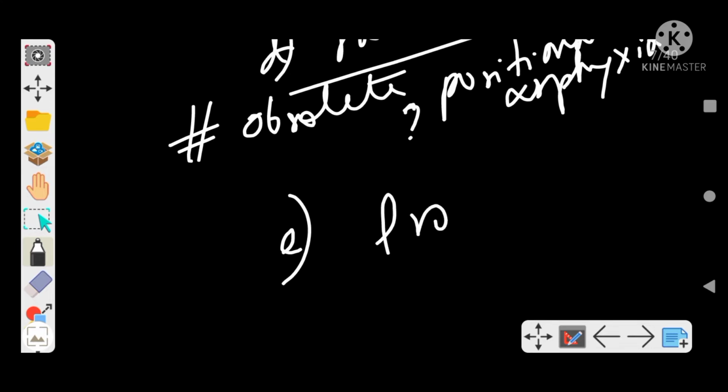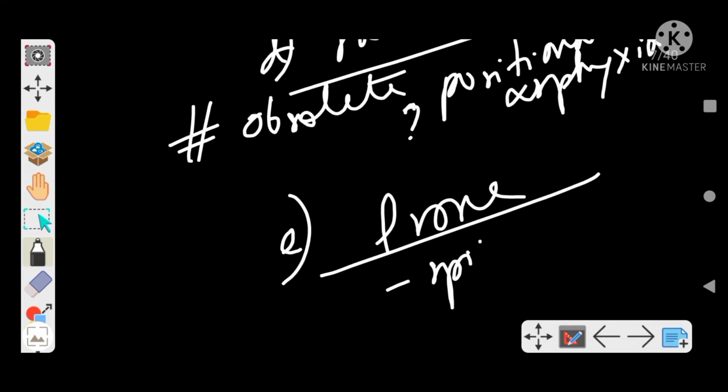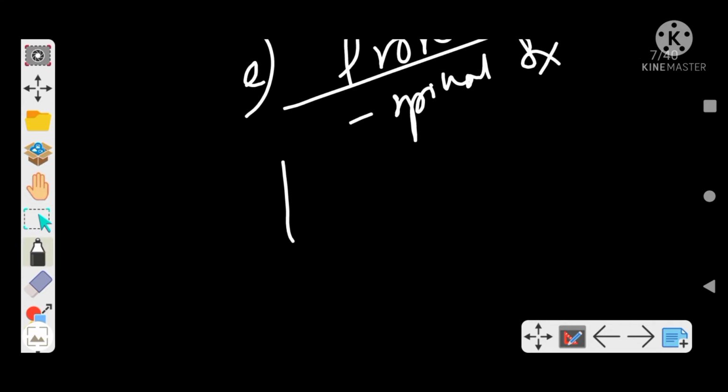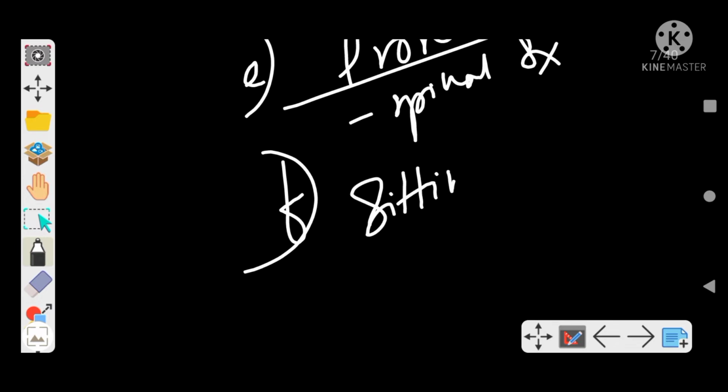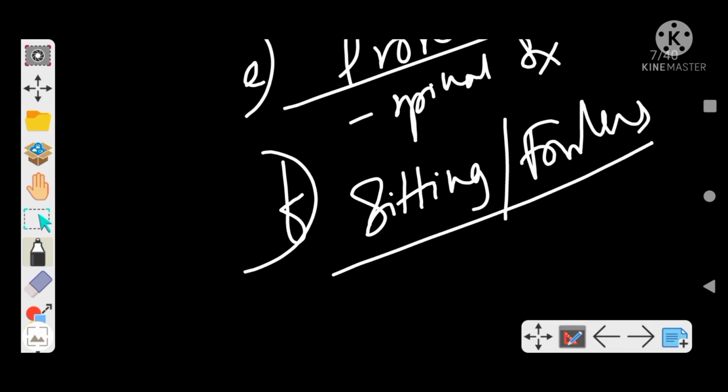Next is your prone position, right? This is for spinal surgery mainly. Next is your sitting position or Fowler's position. Now this one is mainly for CNS surgery.